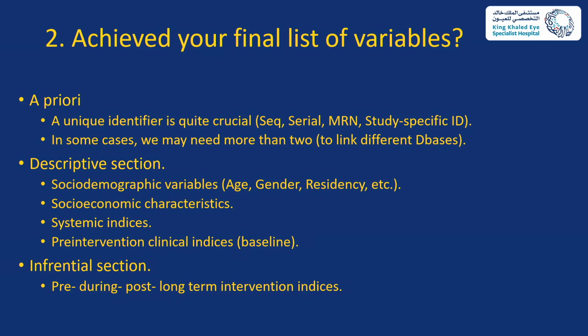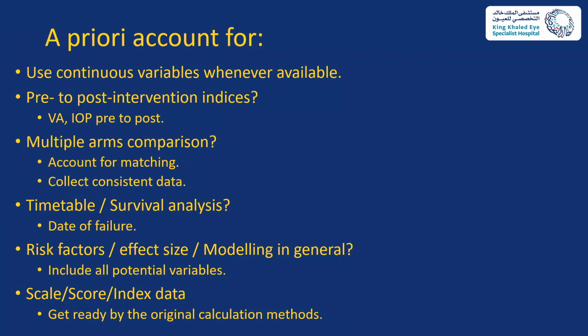See which of those is highly related to your study and then include it as your set of systemic indices. Then take into consideration that you are going to analyze and link data. You are going to assess differences, effect sizes, correlations. So put your potential analysis in the inferential part also in your consideration.